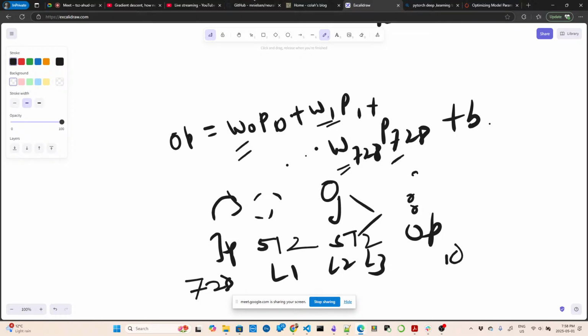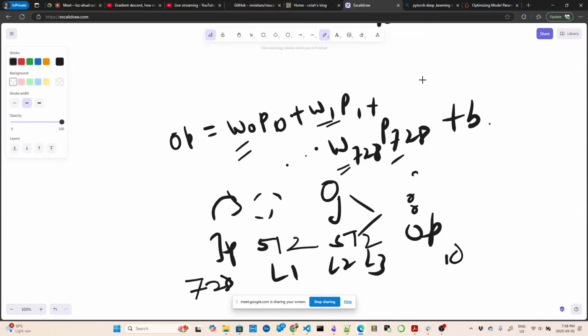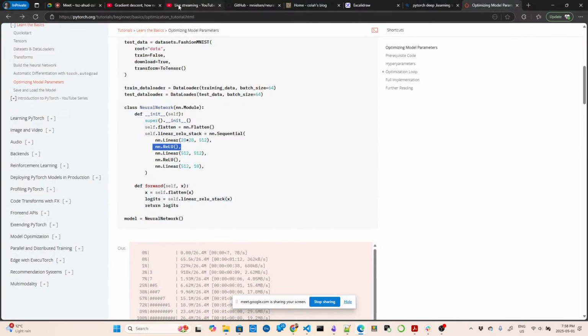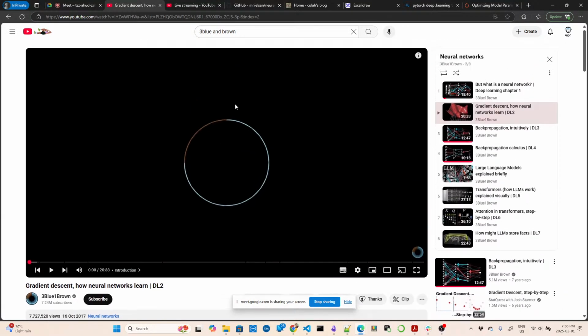The cost function is only in the final layer, right? But essentially, it is.